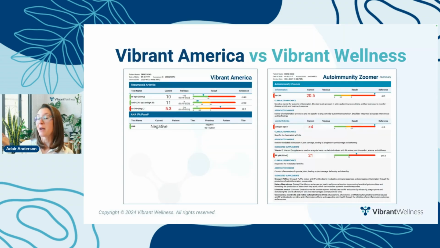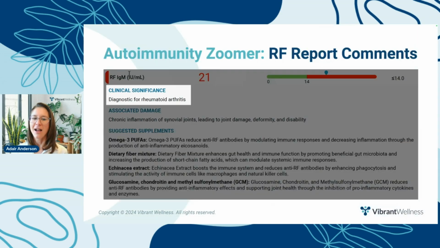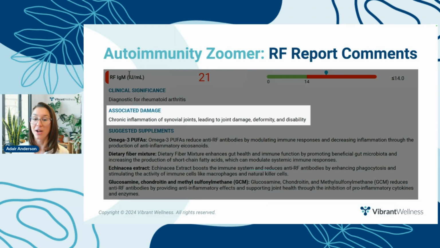On the left is a Vibrant America report of the rheumatoid arthritis markers, hs-CRP and rheumatoid factor. And note that only the patient's values are reported. On the right is the Autoimmunity Zoomer, which also reports hs-CRP and RF, but includes comments such as clinical significance, associated damage, and suggested supplements. Zooming in, RF is a diagnostic for rheumatoid arthritis. It's associated with chronic inflammation of the synovial joints, leading to joint damage, deformity, and disability.